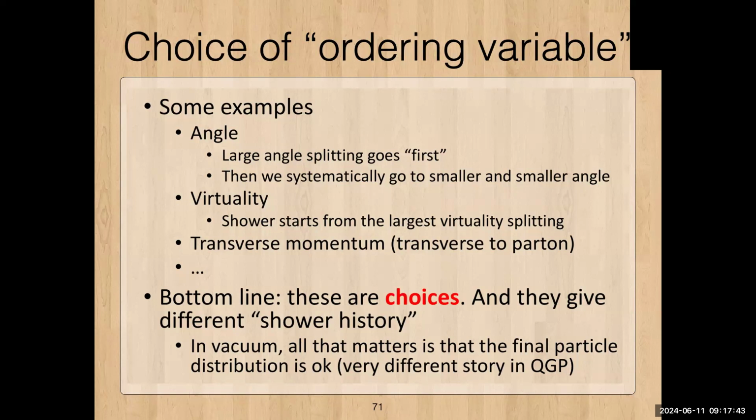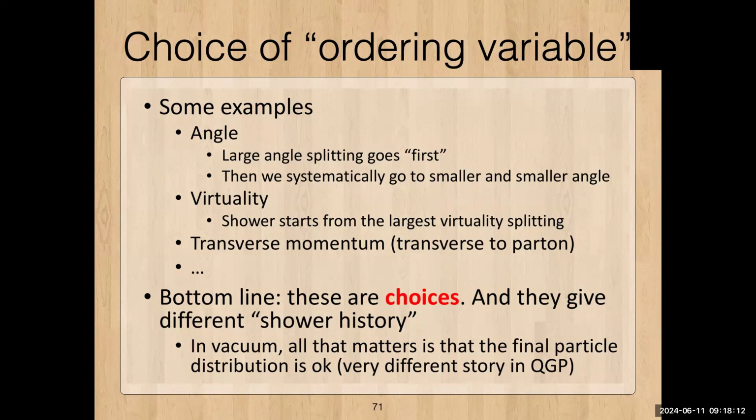And virtuality is another obvious choice. There is also transverse momentum and so on and so forth. The bottom line is that these are choices, and depending on your choice, they give different shower histories.